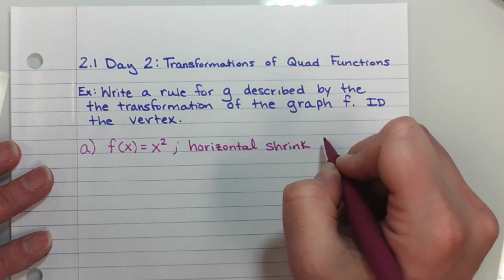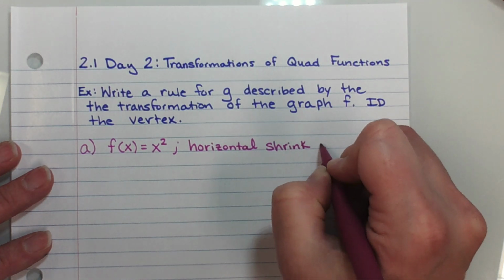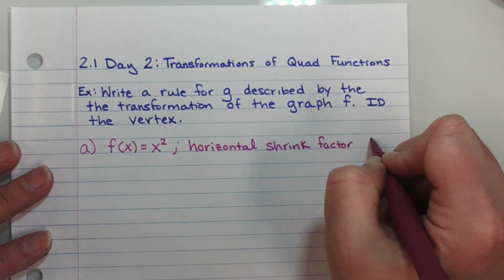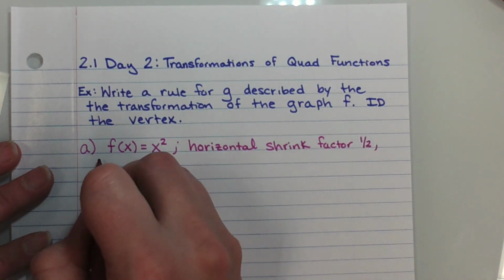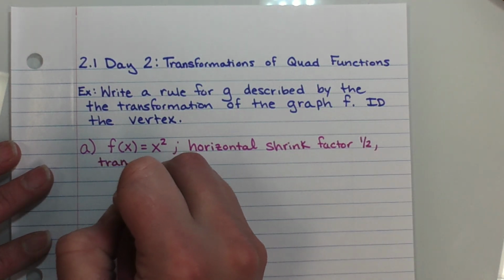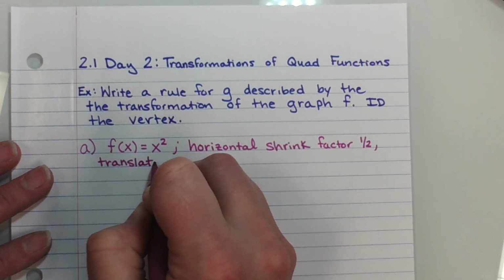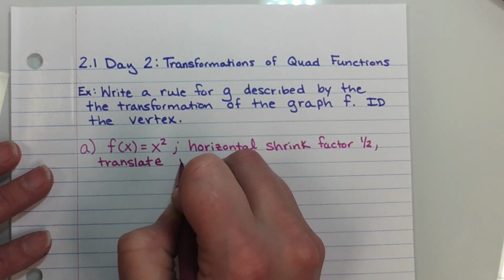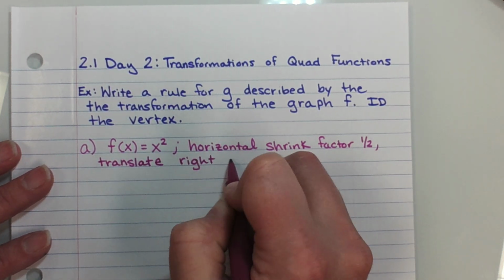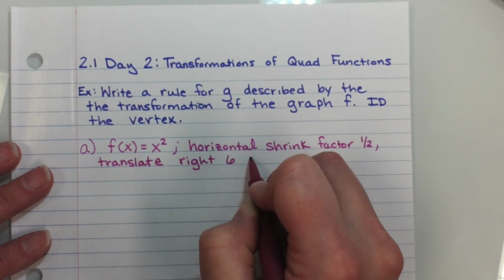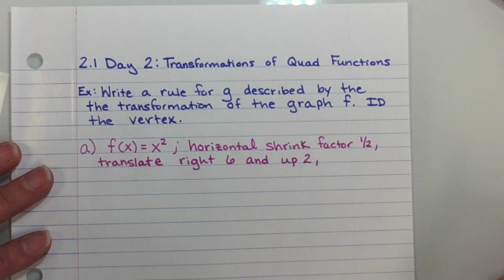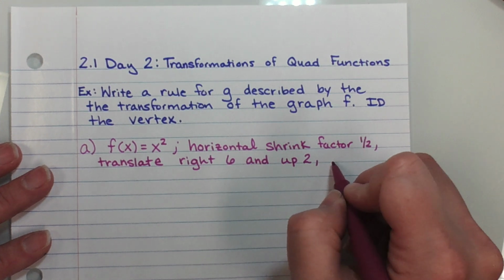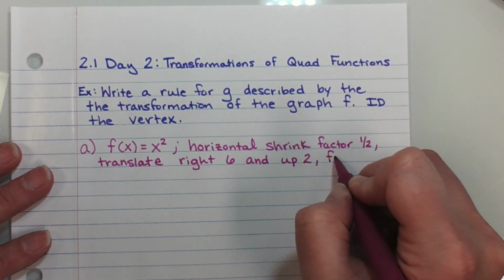Now, to this function, we're going to do a horizontal shrink factor of 1/2. We're going to translate right 6 and up 2. And here's where a slight change is going to happen.